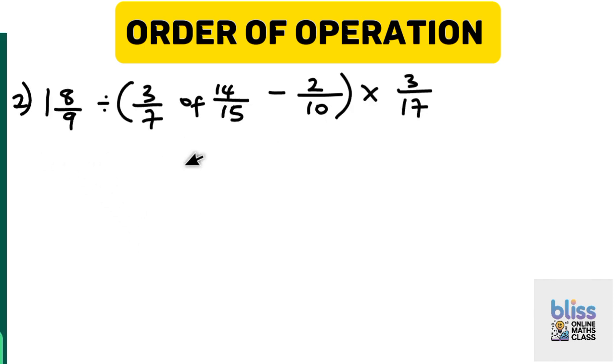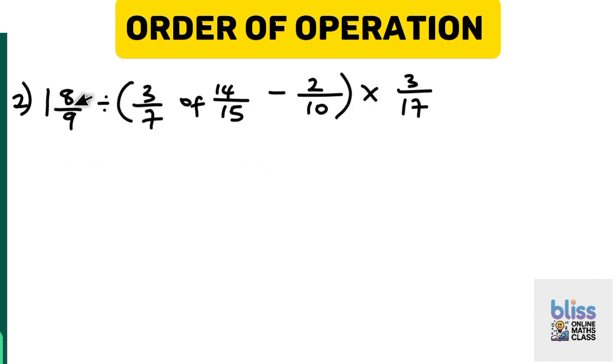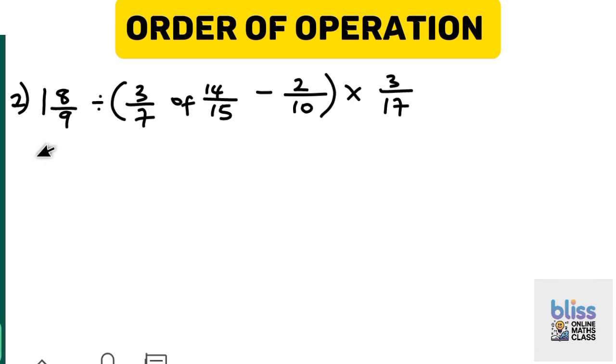So we have number 2. We have 1 whole number 8 over 9 divided by this in brackets multiplied by 3 over 17. So as I said before, you first of all solve the ones in your bracket to open them. Our mixed fraction here, we have to convert it to an improper fraction.